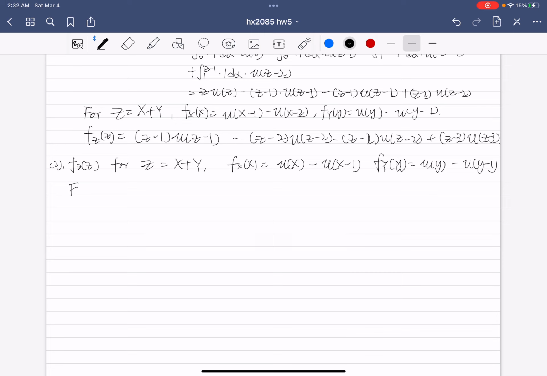Now we get the probability distribution function of z, which equals the probability that x plus y is less than or equal to z.